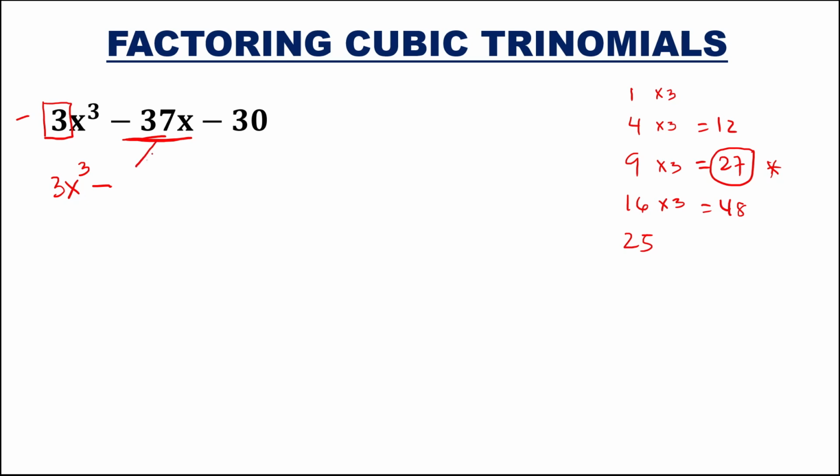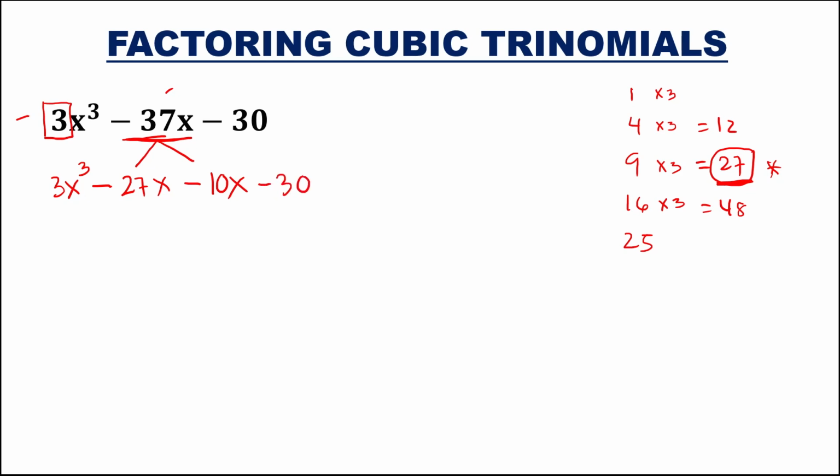We need to rewrite this 37 and one of the numbers is 27x, then minus. So the second number is 10x because 27 plus 10 is 37. Then bring down this negative 30.